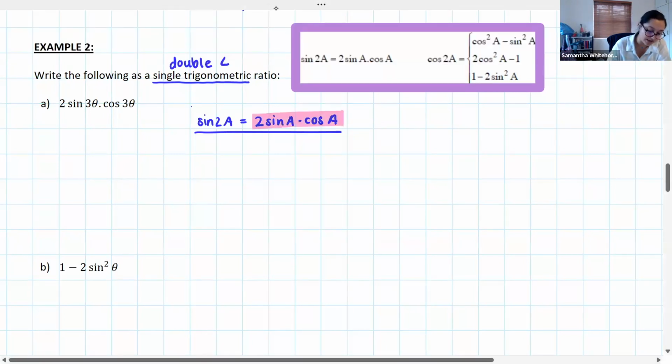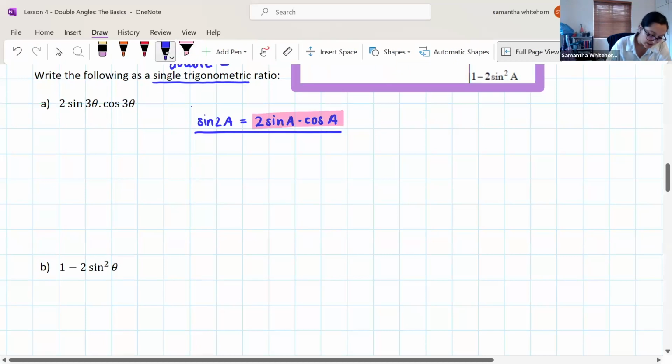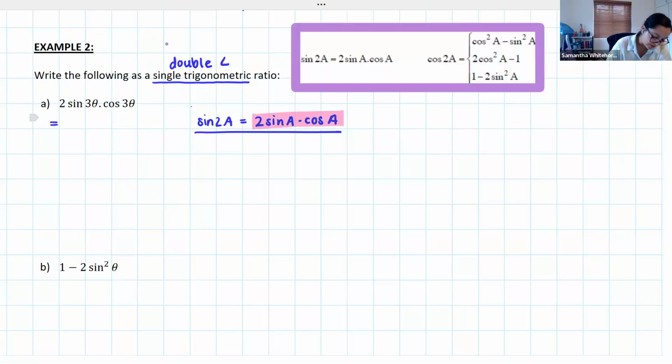I need to go back to the double angle form, so I need to double this angle. I'm working with sine of double the given angle, 3 theta. And so what I actually have here as a single trig ratio is sine 6 theta. Now, obviously, you don't have to write this bracket over here. It's more for us to understand that we're working towards a double angle.